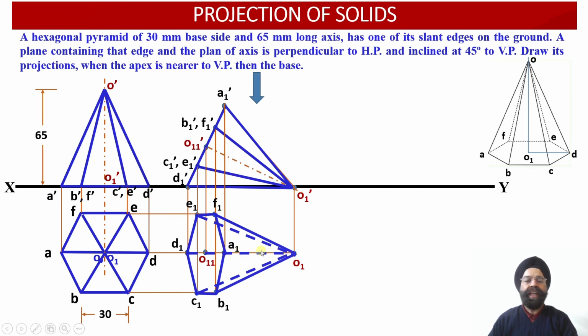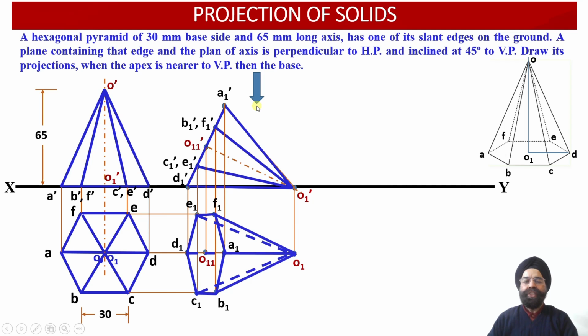This should be joined using an object line, but we have already got a hidden line starting from O1 to D1. So O1D1 is the hidden slant edge over here, whereas O1A1 is the object line. It is going to be joined by a dark line, which indicates that this slant edge OA will be visible to the observer, as the observer is going to look at this object from the top side.